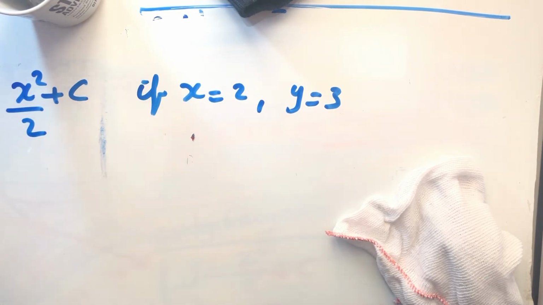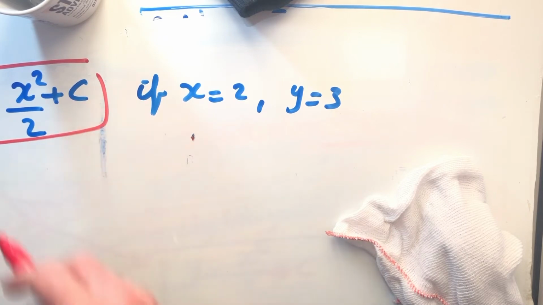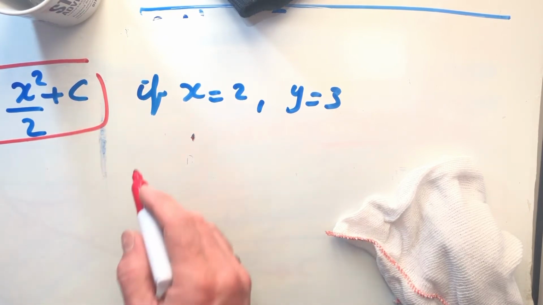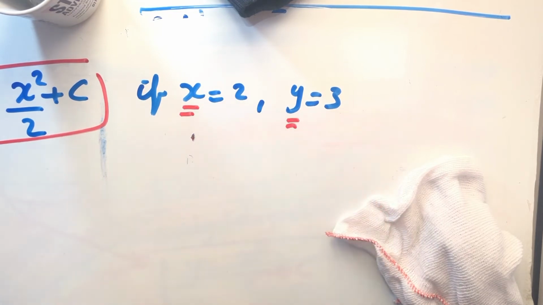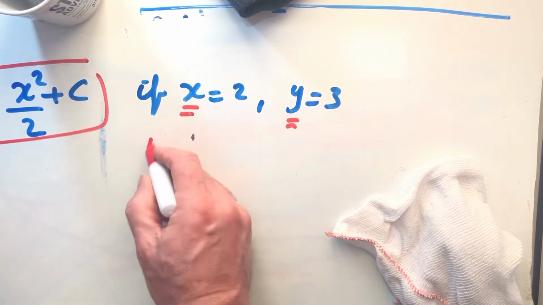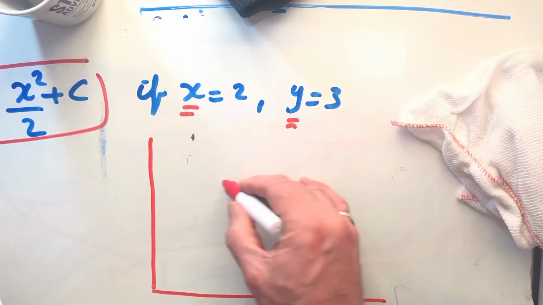As I said, this is a general solution. To find a more particular solution, we need to be given a value of x and a value of y. In this case, if x equal to 2 and y equal to 3, we can be more specific about the solution.